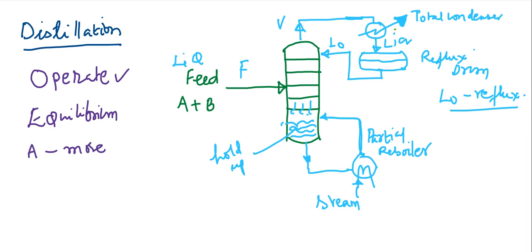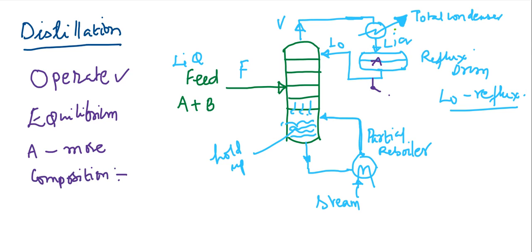So more volatile means A will try to be enriched in the top section. So component A will be getting enriched in the top section. So we take a sample out of here, and we take a sample here, and we check the composition.